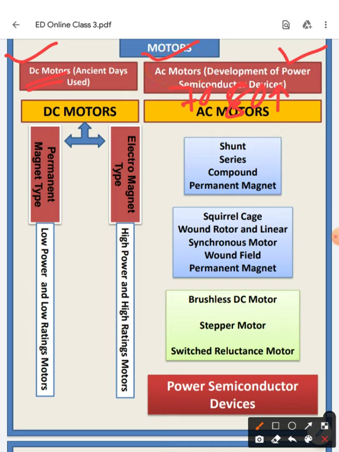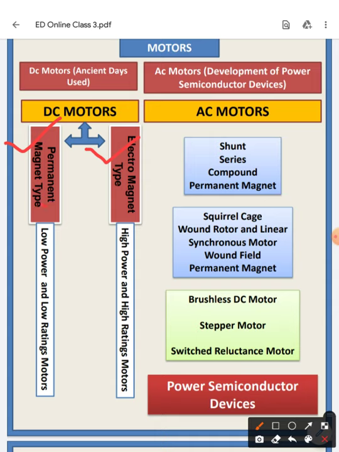Now again moving to the next one. As we are dealing with electrical drives, we have to realize both systems, that is your DC system as well as AC system. In DC motors there are two types of field winding. One is the permanent magnet type field, another one is the electromagnet type field. What is the function, what is the merit of the permanent magnet, and what is its limitation as compared to the electromagnet, that we have to realize.